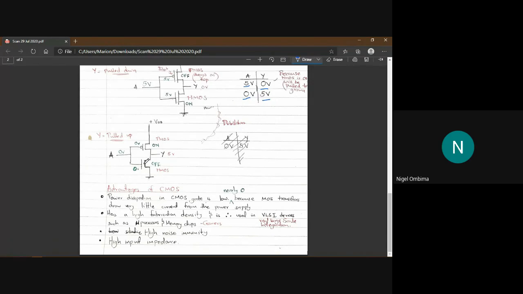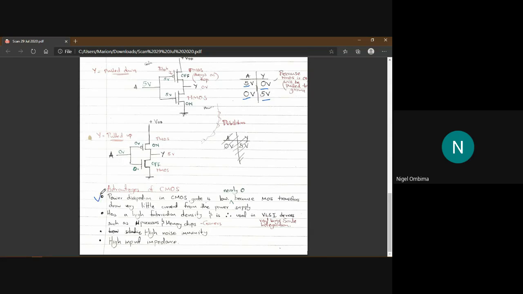Advantages of CMOS. One, its power dissipation at the gate is low. It's nearly 0 because most transistors draw very little current from the power supply.